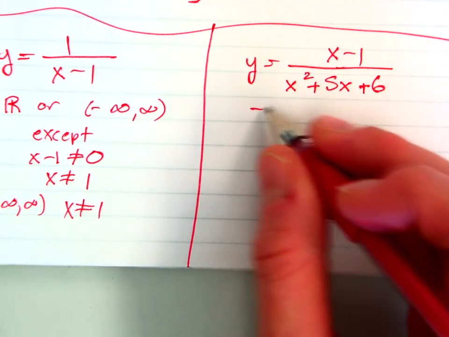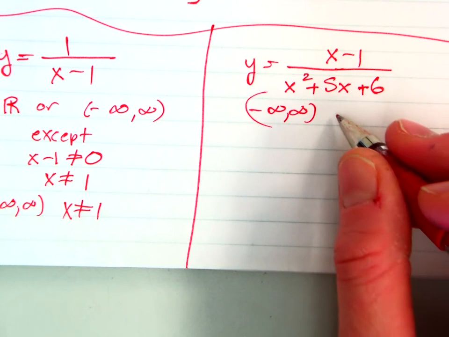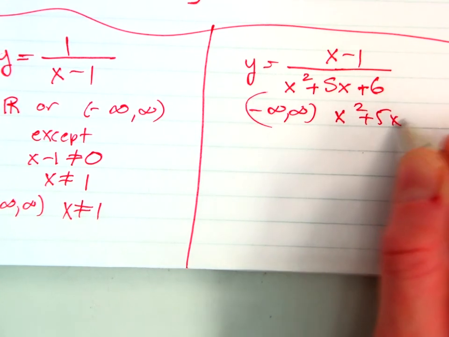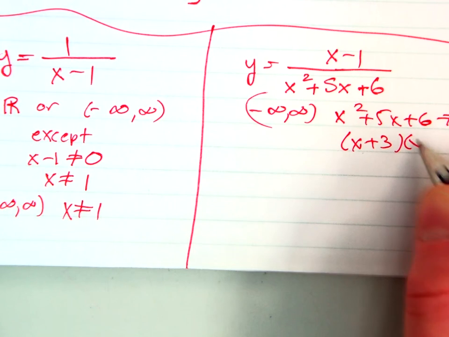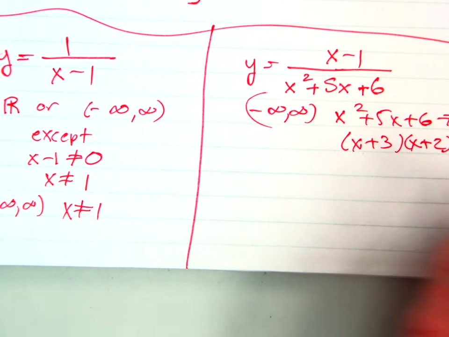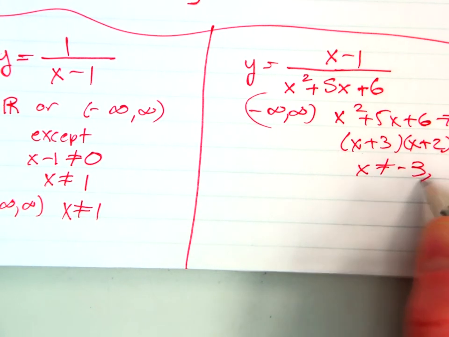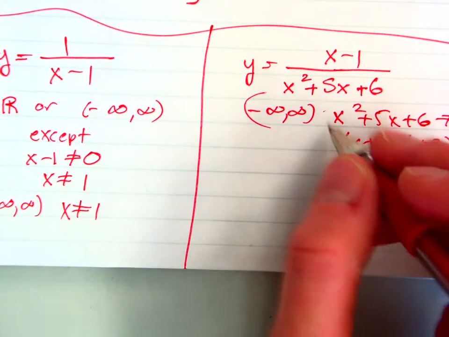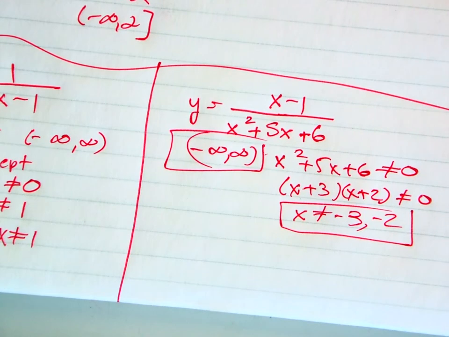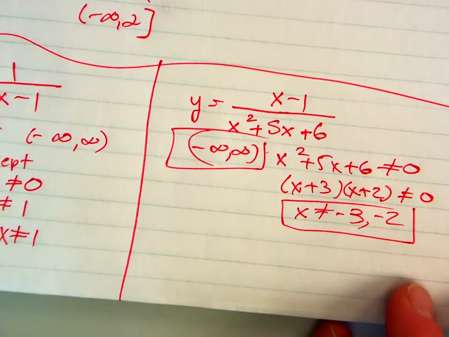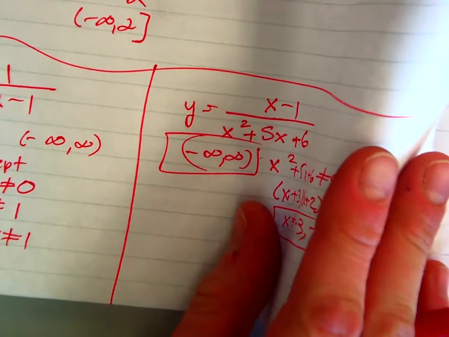So I would say negative infinity to infinity, x squared plus 5x plus 6 cannot be 0. So I would factor this, and I would get x cannot be negative 3 or negative 2. So that's a rational. And then we get into if we have things that are combinations.